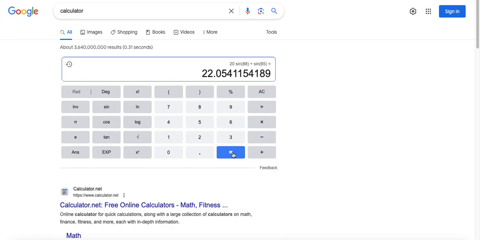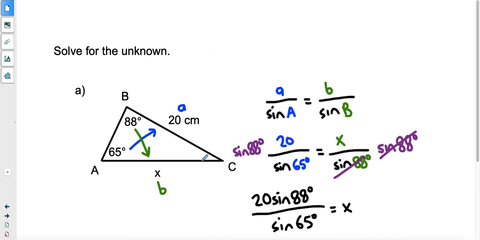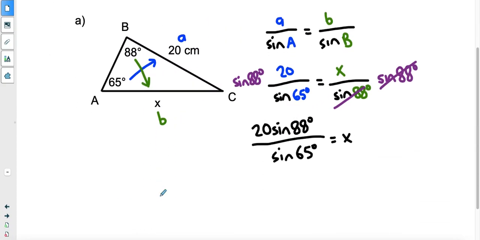When I do that, that gives me 22.05. So that means x here is going to be 22.05 centimeters, because those are my units here. And there we go. There's my answer.